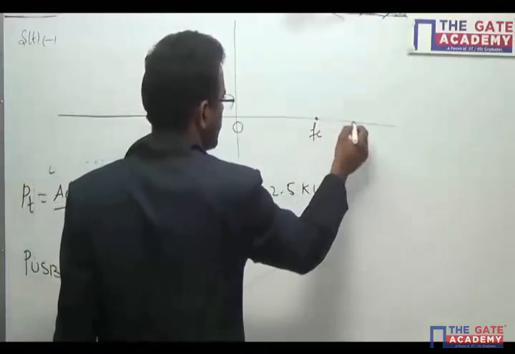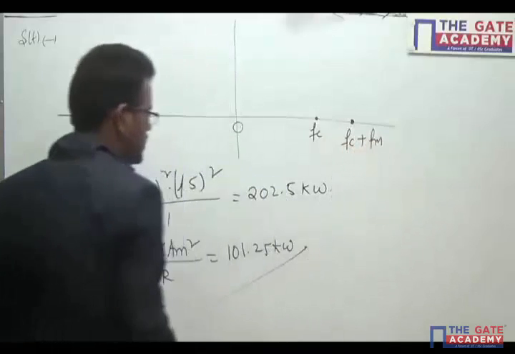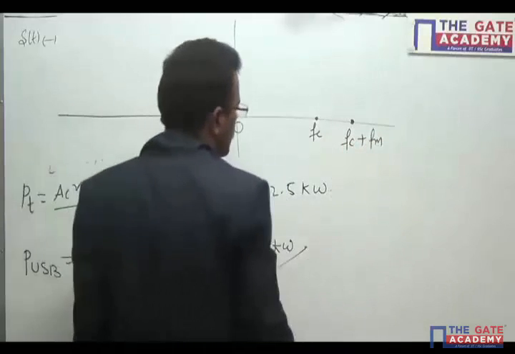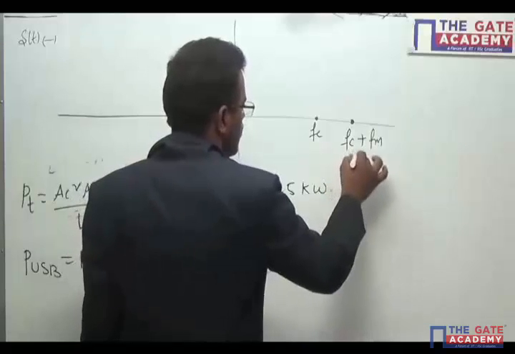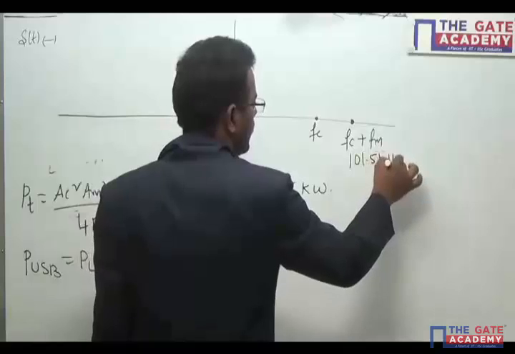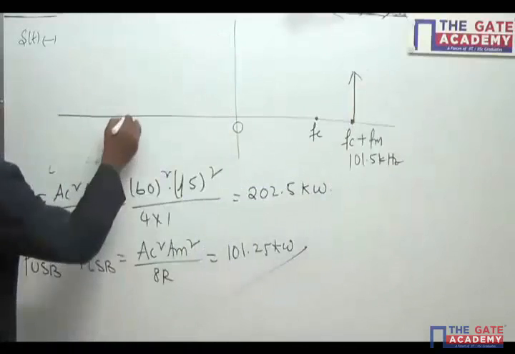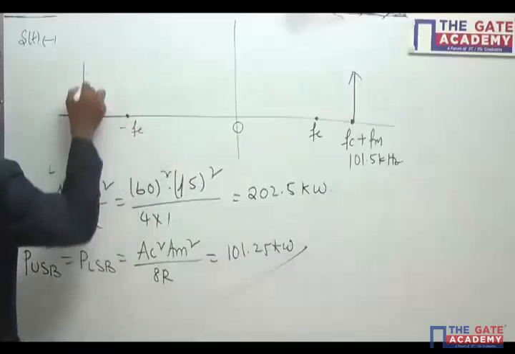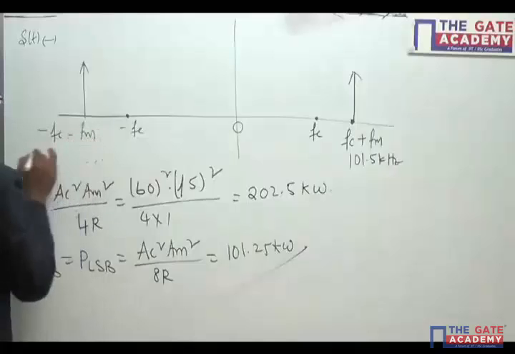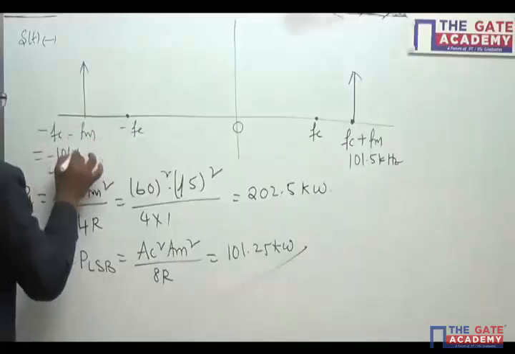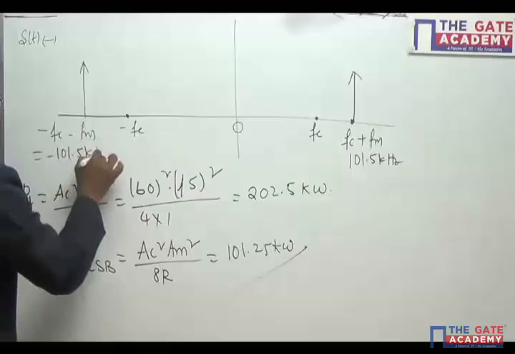This is the Fc. We have one frequency component, Fc plus Fm. Fc is 100 kilo plus Fm is 1500, means 1.5, so 101.5 kilohertz, we have one impulse. The same thing on the negative side, that is minus Fc minus Fm, that is minus 101.5 kilohertz.